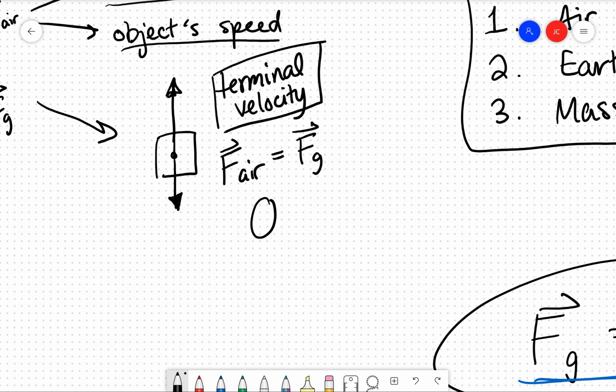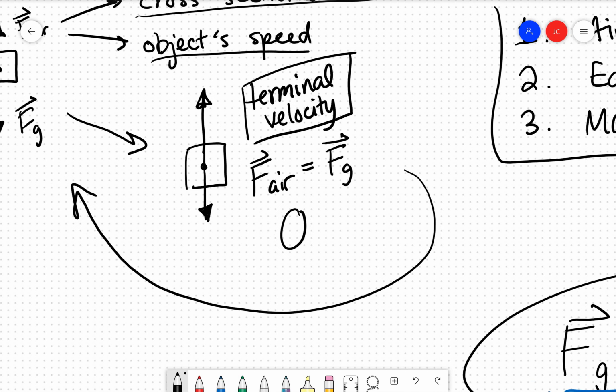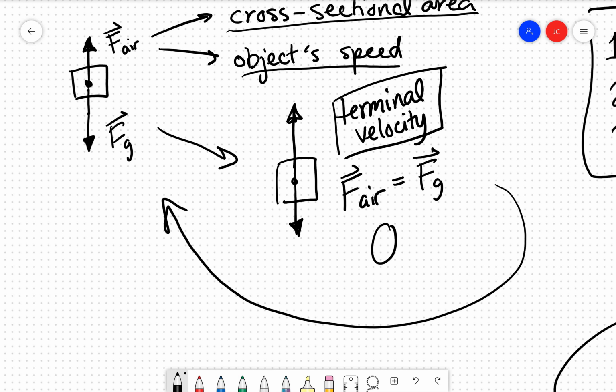The air resistance is now going to get bigger as it goes faster, and force of gravity is going to imbalance more, and you're going to end up with this situation, and then this is going to go backward, and it's going to go more and more back to the original point. So basically, it's going to go into terminal velocity, and then it's going to come out of terminal velocity, and you're going to end up back with a slow speed, minimal air resistance, and then the object will land.